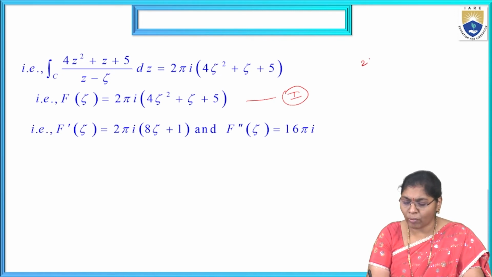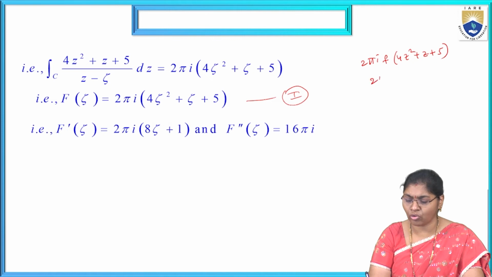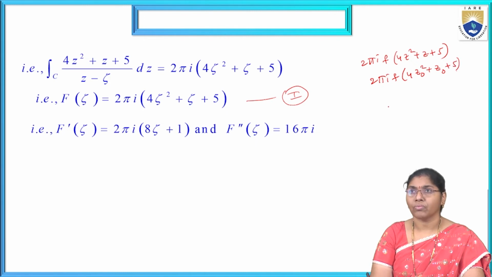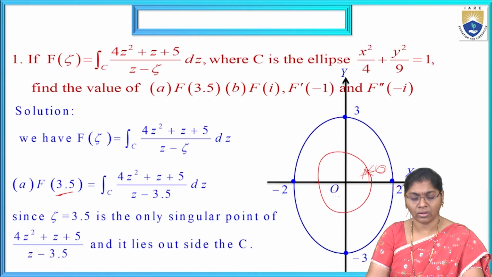That means 2πi f, where the power is 1 only, that is 2πi times 4z_0² + z_0 + 5. In the earlier case also we substituted like that.